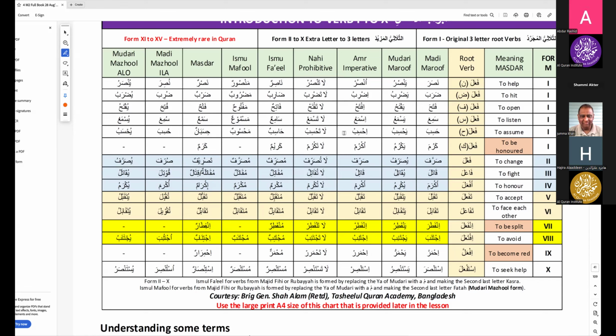If you said, Allah became honored, how would you make a passive sentence of that? Not possible, because the meaning is already passive. That's why there is no ismul maf'ul for the form 1 karuma family. And masdar is okay. No madi majhul, no mudari majhul. Why? Because I said that to you. Is this point understood?